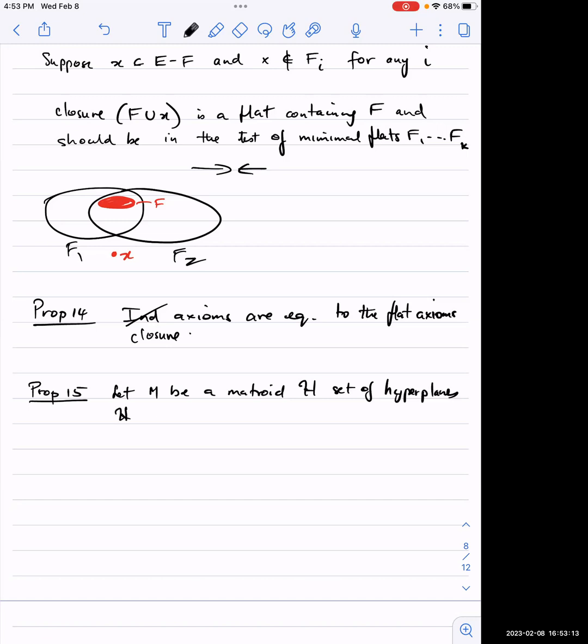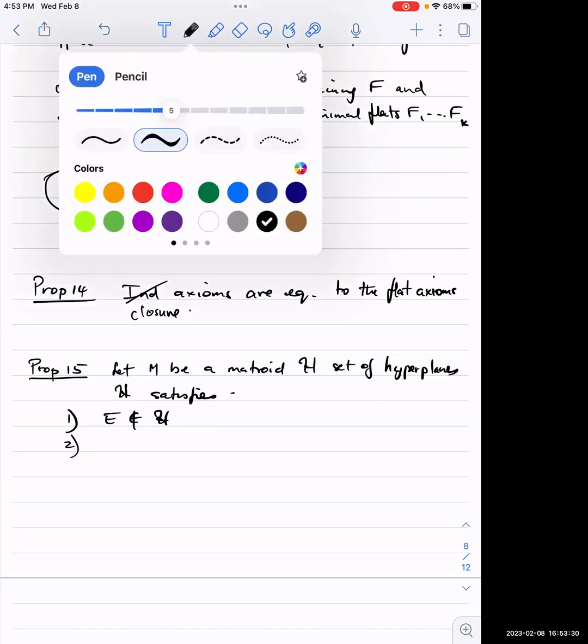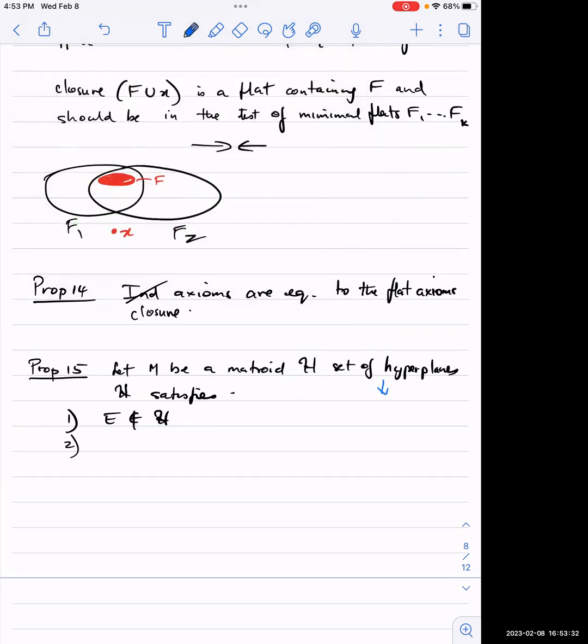Then H satisfies the trivial condition: the whole space cannot be a hyperplane. Hyperplanes are all the flats with one rank less than the space.